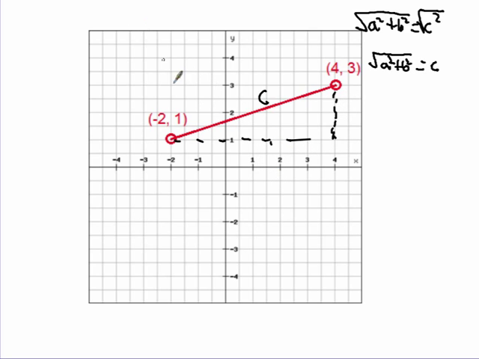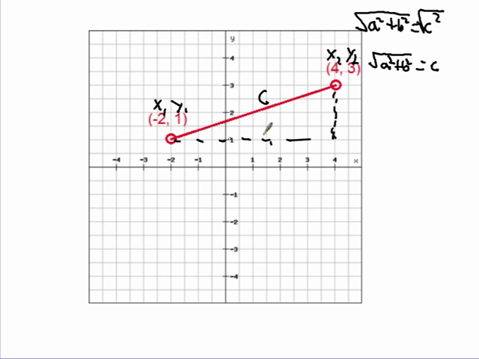If I call this x1 and this y1, and I call this x2, and I call this y2, well, isn't the distance of this line segment just my x2 value minus my x1 value. It's just this straight line here.